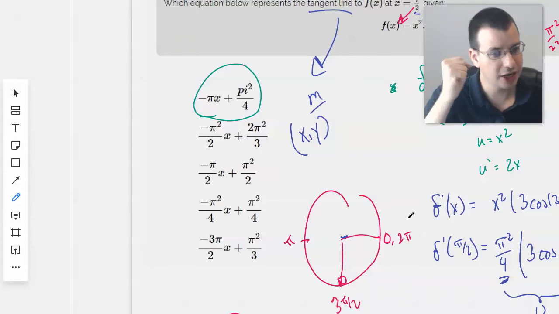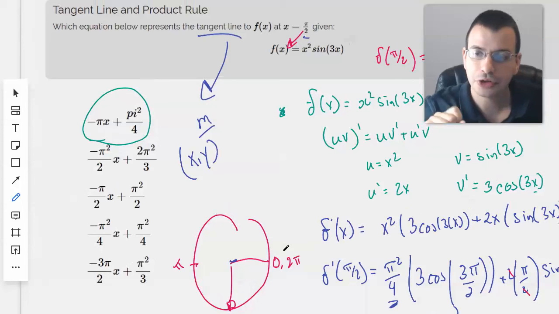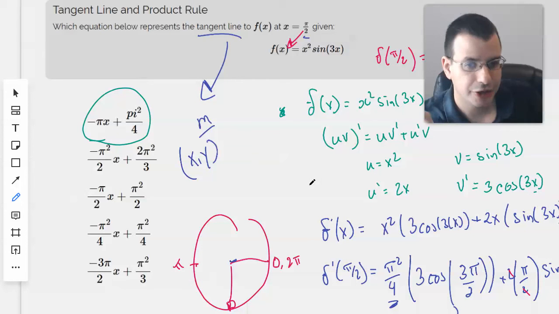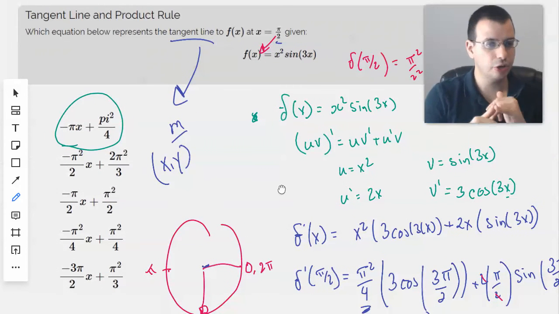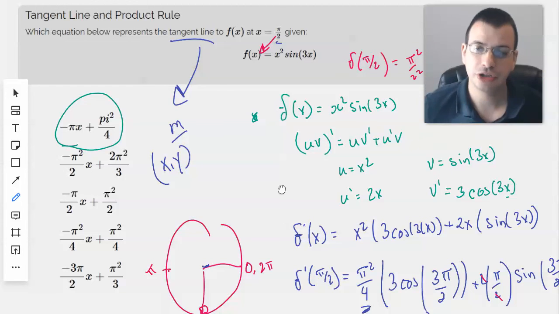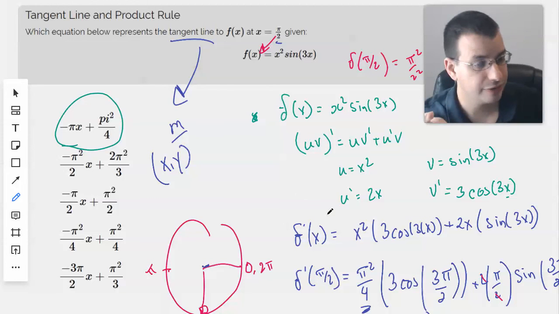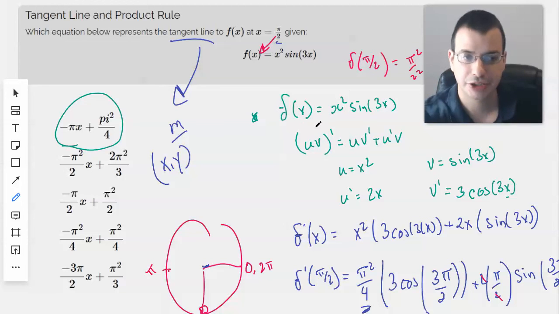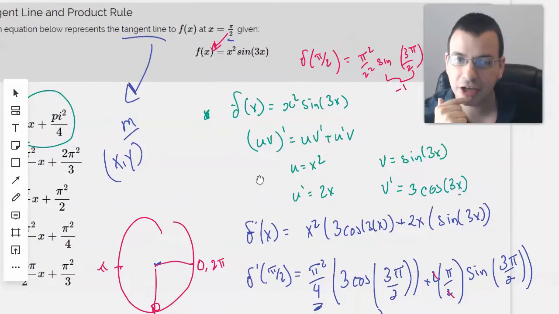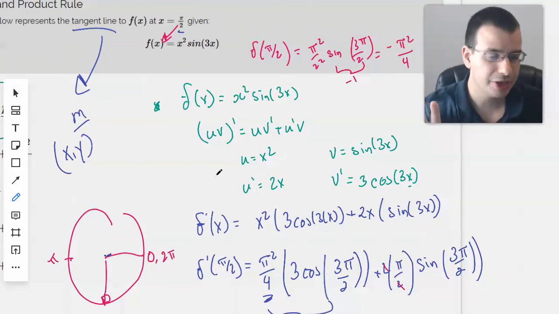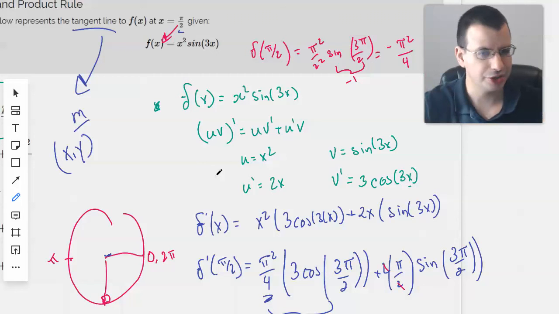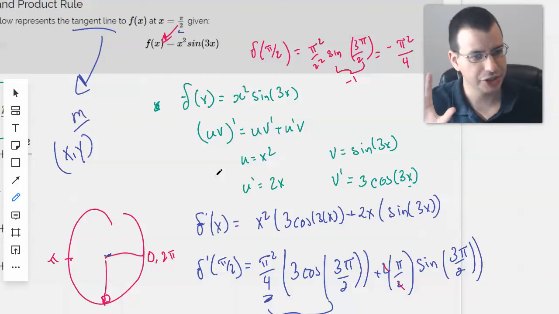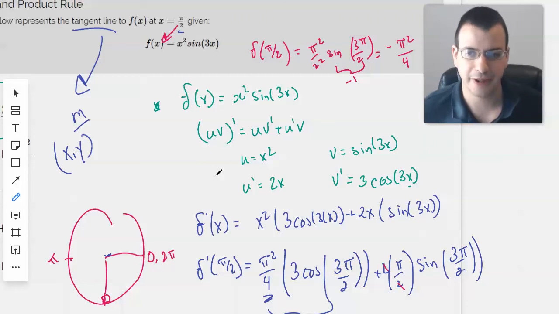So, to backtrack, look at what we did. We're told to find a tangent line. So for a tangent line, you should think, all right, we need slope and we need a point. To find the slope, we took the derivative. After we took the derivative, we plugged in our x value, because our derivative was in terms of x. If it had been in terms of y, we could have plugged in y too, though we'd have had to use implicit differentiation or something like that.